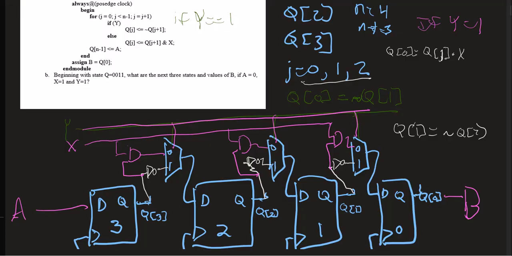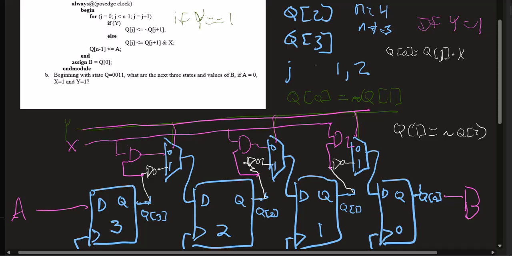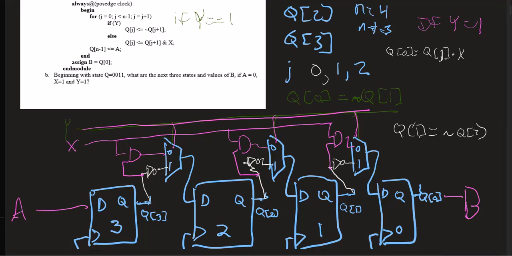The first time through, J equals 0. The next time you add 1, it equals 1, then 2, then 3. But when it equals 3, that's no longer less than n minus 1, so you're out of the for loop. Did that answer the question?